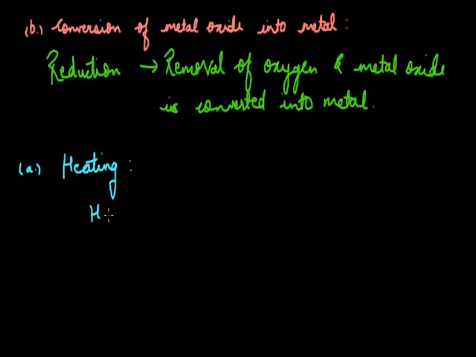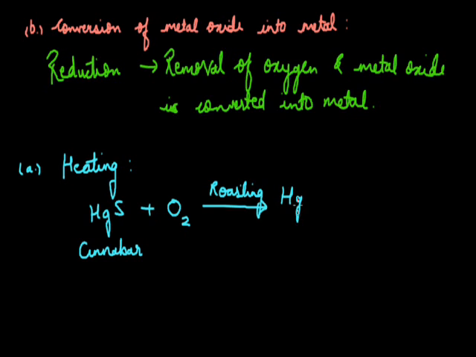Now the ore HgS, that is mercuric sulfide, is also called cinnabar. When this is heated in the presence of oxygen, that is by roasting, it forms mercuric oxide, HgO, plus SO2 gas.